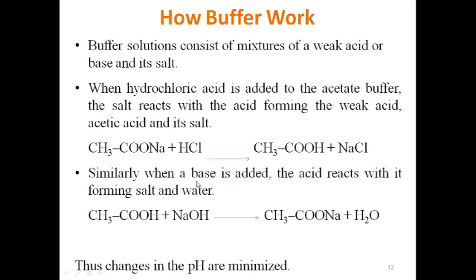Similarly, when a base is added to a weak acid, it reacts, forming a salt and water molecule. So this is the process by which changes in pH are minimized.